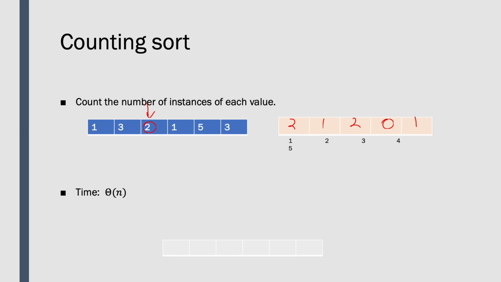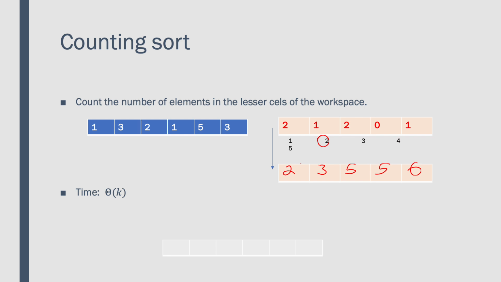So let's see here. For index 2 it is adding 1.